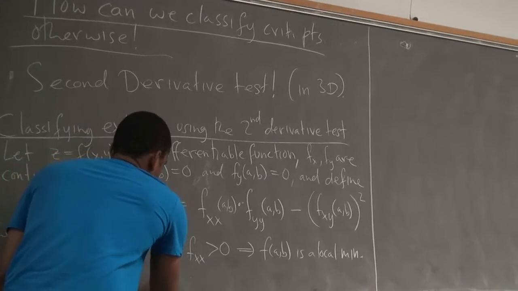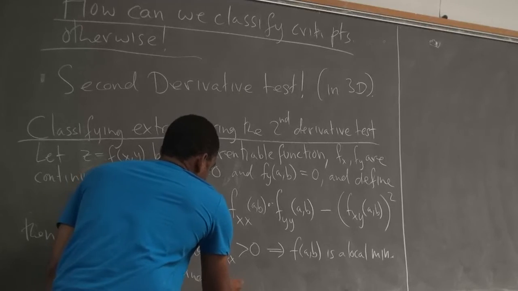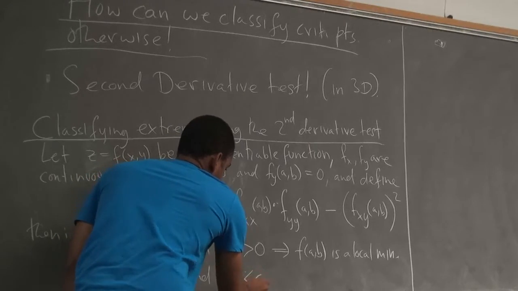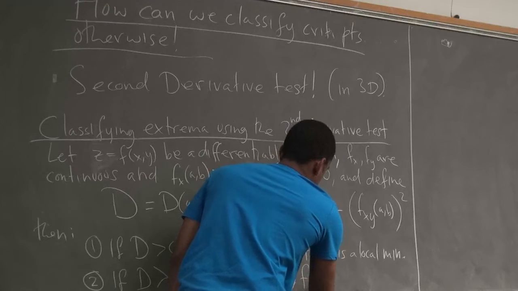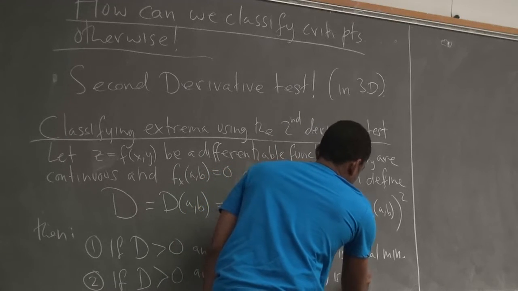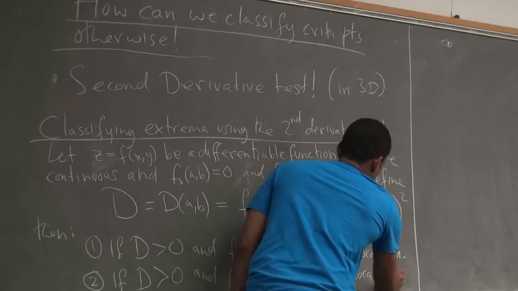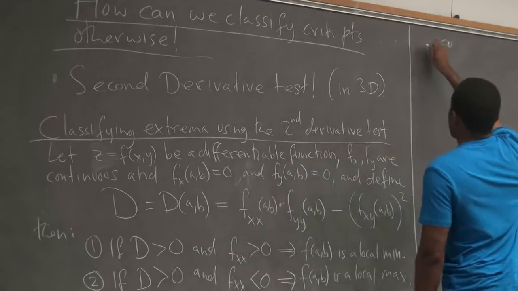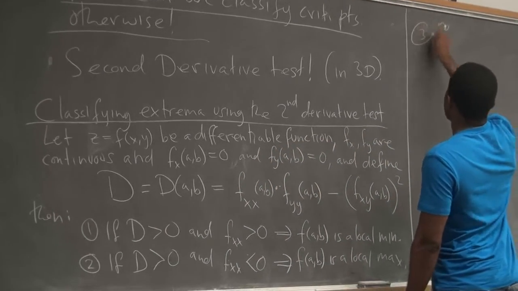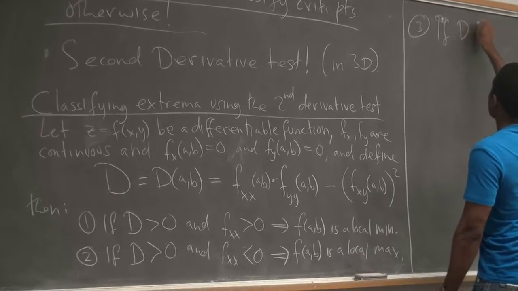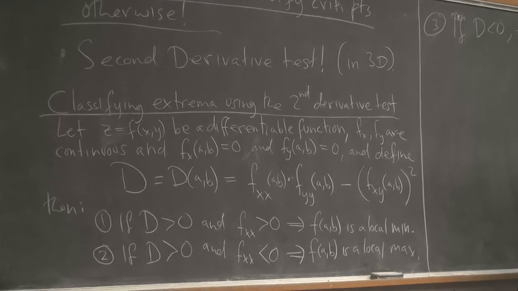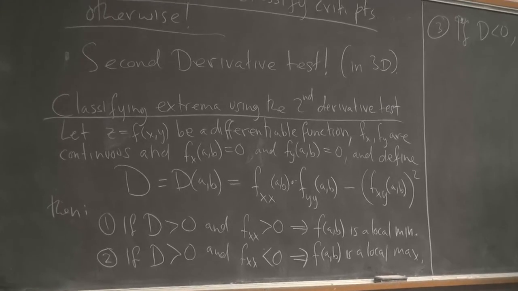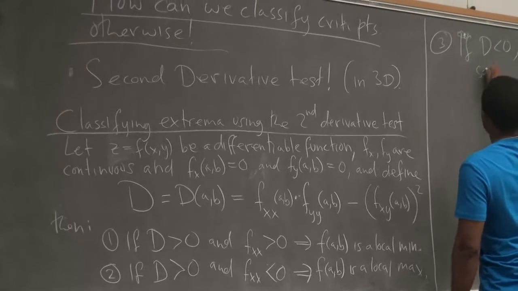Two, if D is greater than 0, and fxx is less than 0, f of a, b is a maximum. Three, if D is less than 0, then f of a, b is a saddle point.